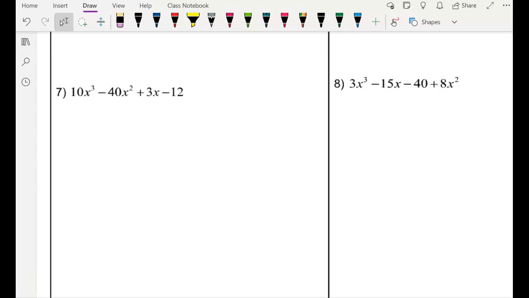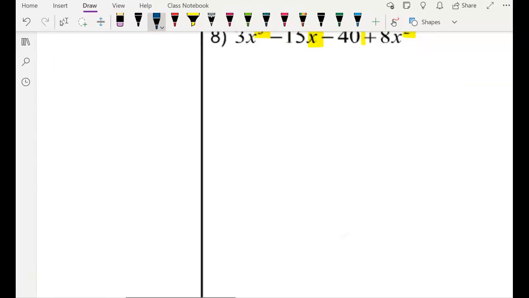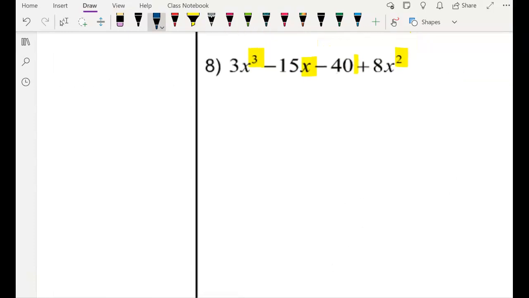3x squared minus 15x minus 40 plus 8x. Notice how when I first read this out, the powers are not in order. It's not a requirement, but it's easiest, students, if you write them from the highest power of your variable to the lowest power.